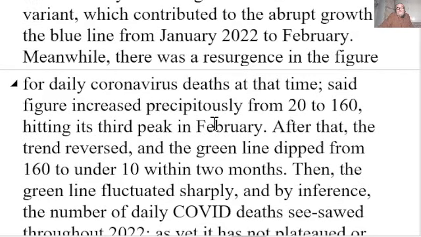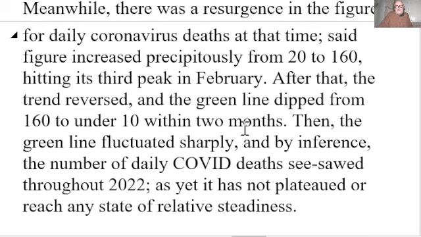Meanwhile, there was a resurgence in the figure for daily coronavirus deaths at that time. Said figure increased precipitously from 20 to 160, hitting its third peak in February. After that, the trend reversed and the green line dipped from 160 to under 10 within 2 months.